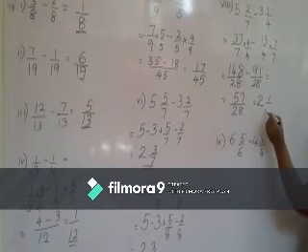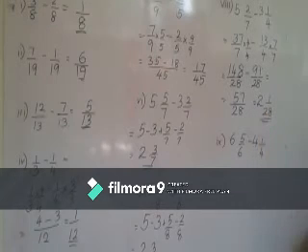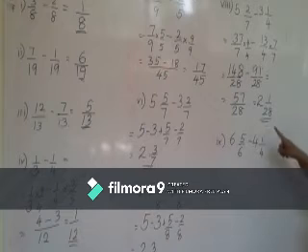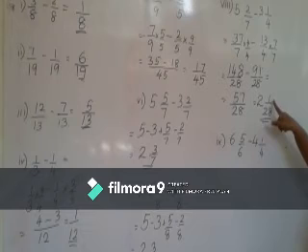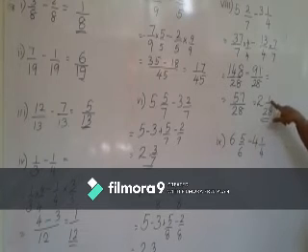So 1 remains out of 28. 2 with 1/28. 56 and 1 is 57.